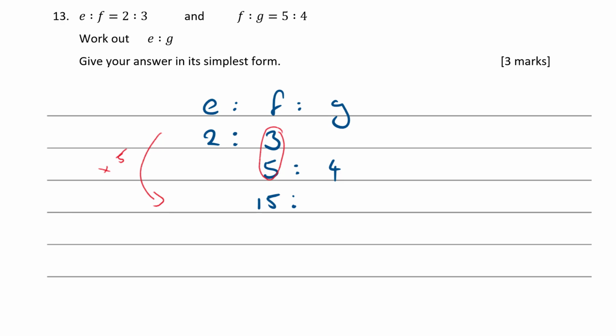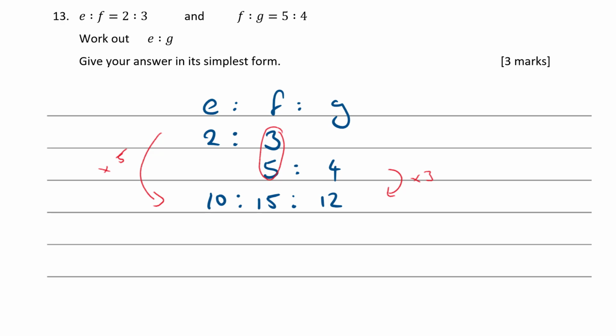So that makes the E part down here 10. And now 5 to 4, I can scale up to 15 to something by multiplying it through by 3. 5 times 3 is 15. 4 times 3 is going to be 12. Okay? So now I know that E to F to G is in the ratio of 10 to 15 to 12.